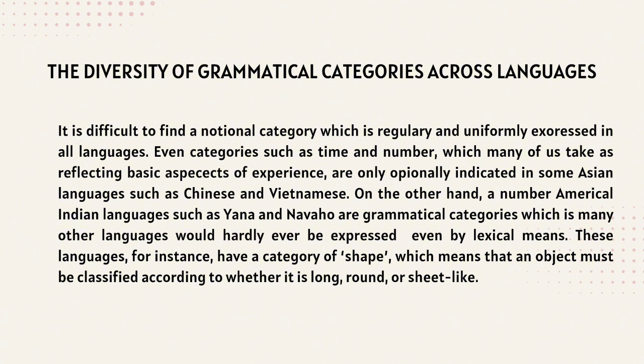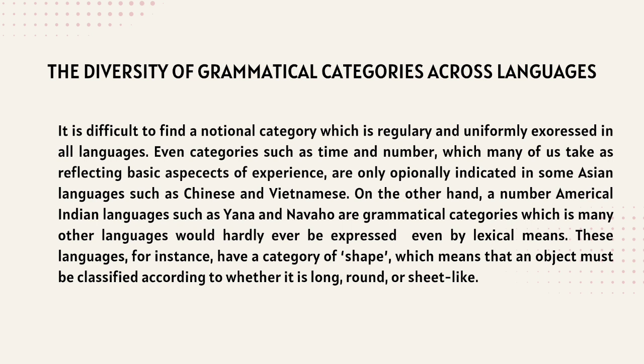Given the diversity of grammatical categories across languages, it is difficult to find a grammatical category which is regularly and uniformly expressed in all languages. Even categories such as time and number, which many of us take as reflecting basic aspects of experience, are only occasionally indicated in some Asian languages such as Chinese and Vietnamese.